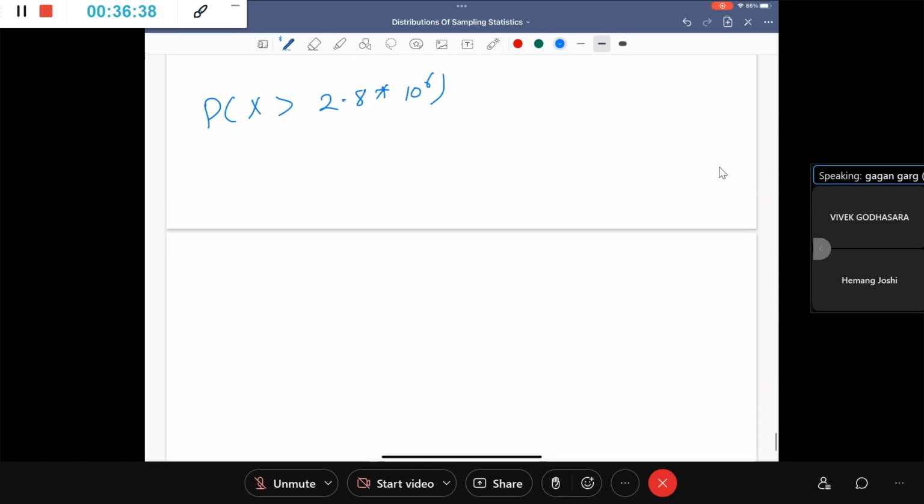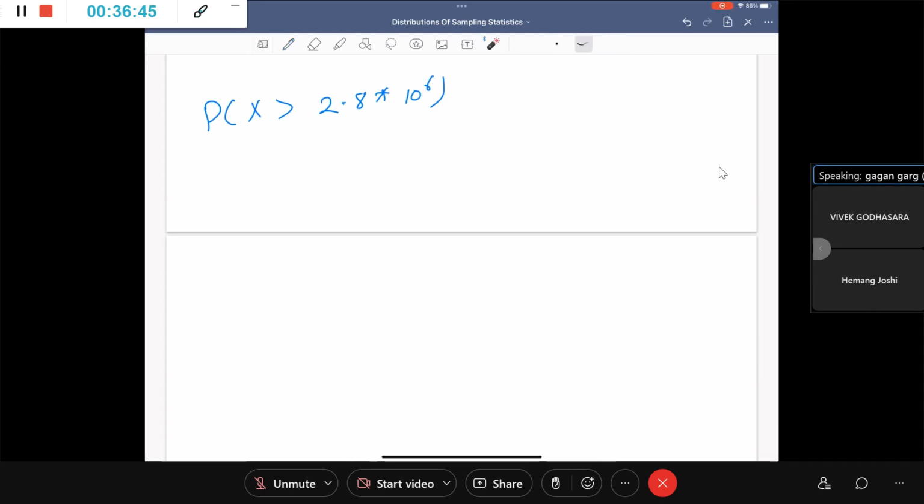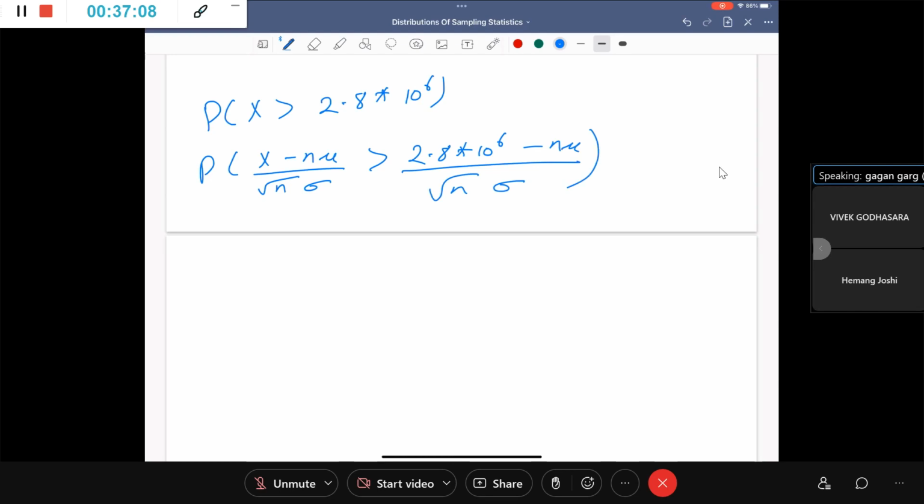Now, the standard trick here is to convert both sides of the inequality, basically convert this item into a standard normal variable. And you do that by subtracting the mean and dividing by the standard deviation. So this becomes the probability of x minus n mu by root n sigma greater than 2.8 into 10 to the power 6 minus n mu by root n into sigma.